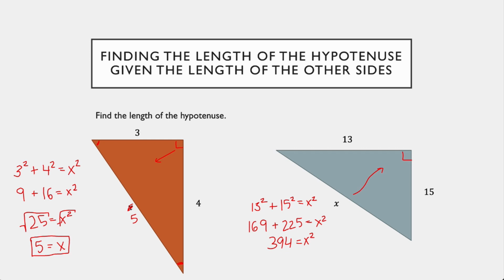Now, this isn't a perfect square, unlike the last one, but we can simplify it a little bit. So we square root both of them, take the principal roots, and we're gonna have to simplify it.